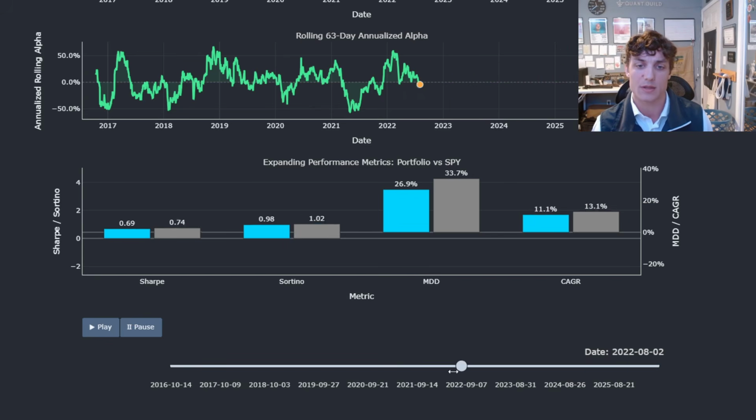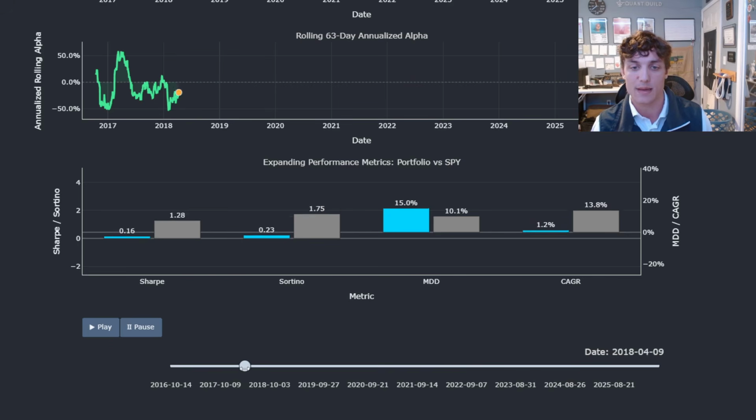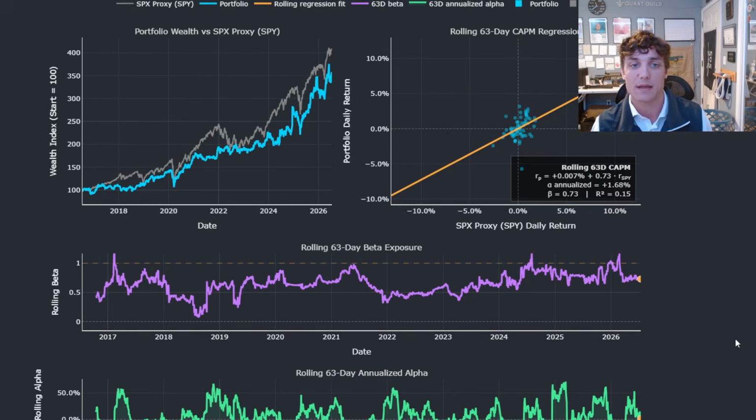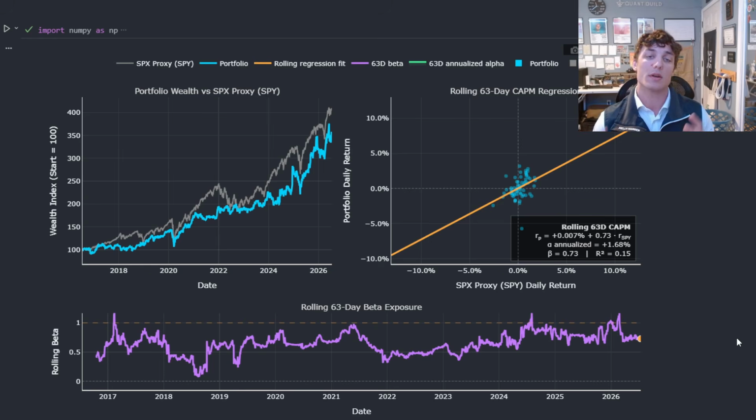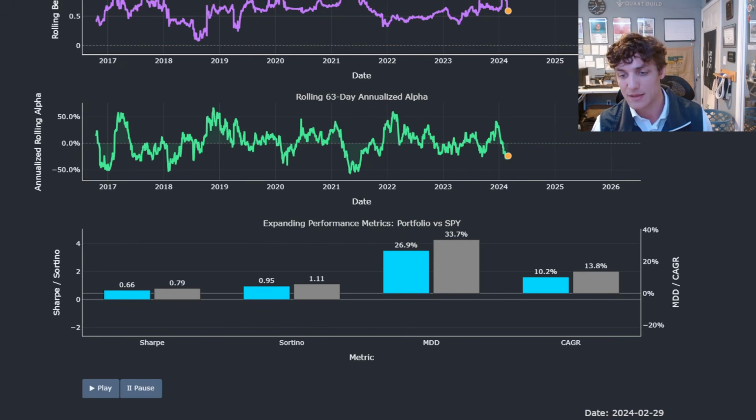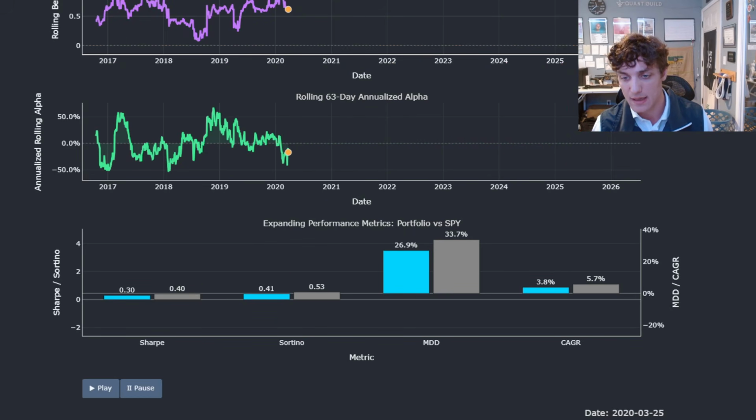And you're going to be able to adjust the slider to see exactly what that performance is over time, and you can assess effectively your overall market exposure and your alpha. So let's take a look at an example and discuss the implications. So I'm going to go back to maybe 2020.